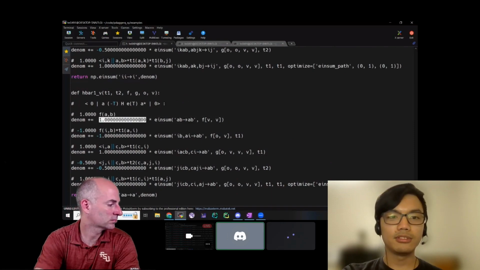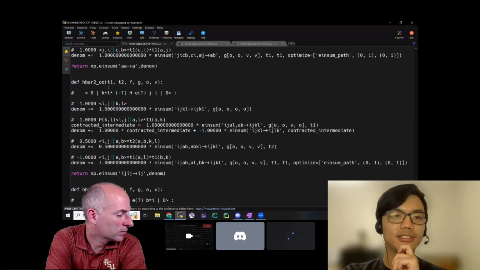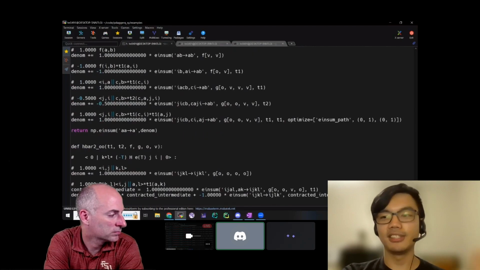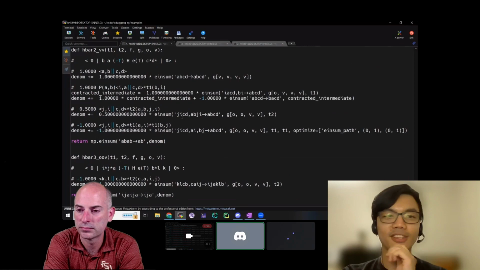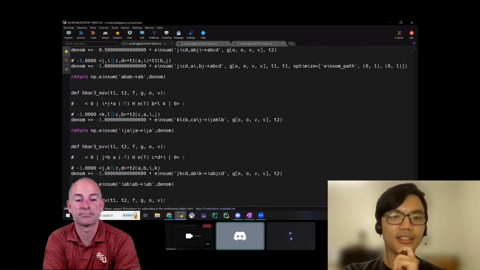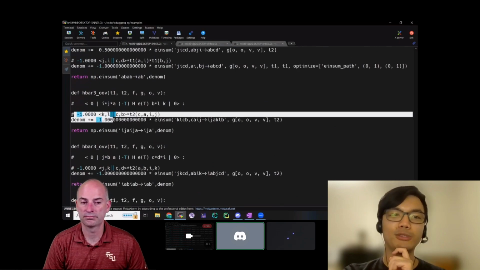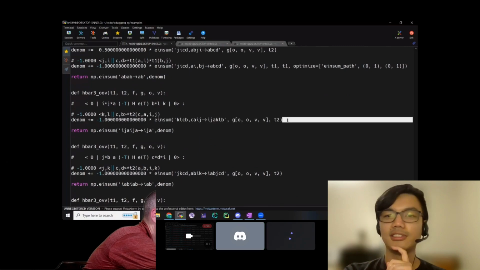So that's what I expected. For example, one body is probably easy. The two body starts to get more complicated. Three body, actually there's only one possible answer to the three body contribution.